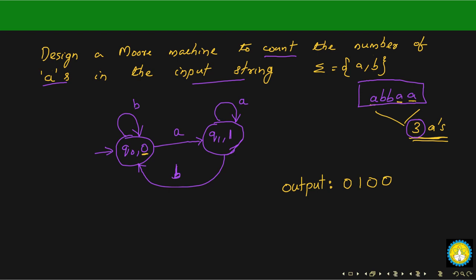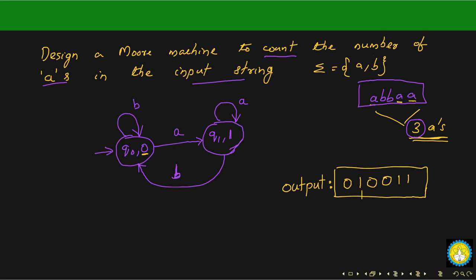Now that we have finished till A, B, B, we are left with 2 more A's. What will happen now? Whenever you see an A from Q0, you will be at Q1 and it will output a 1. Again your string has 1 more A, so you'll get a transition like this back to Q1. Again, you'll get an output 1 here. This particular output is a clear indication that our string contains 3 A's.